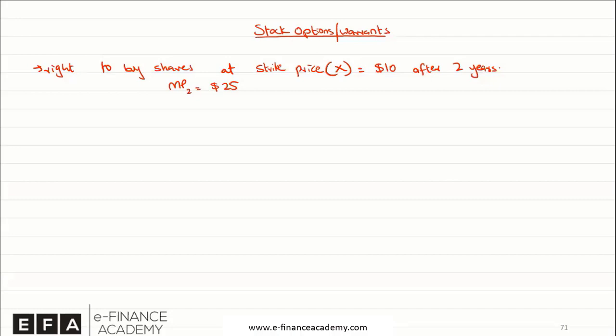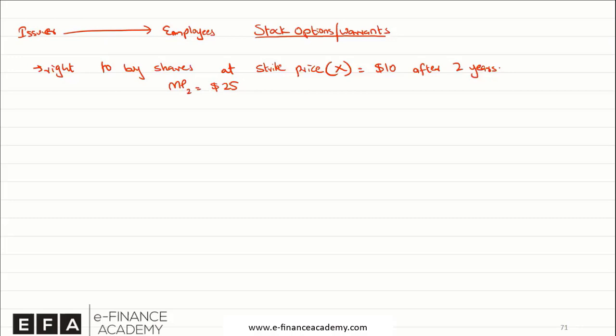Now, how would we know whether stock options are dilutive or not? One simple idea is this. If you notice here, there are two parties. One is the company that has issued the stock options, and the other is the employees. So you have the issuer, or the one that has granted the stock options, and you have employees.